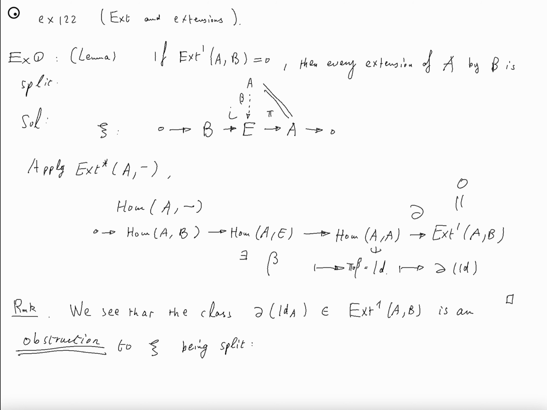So a natural question is that surely the definition of Ext^1(A, B) only depends on A and B, right?